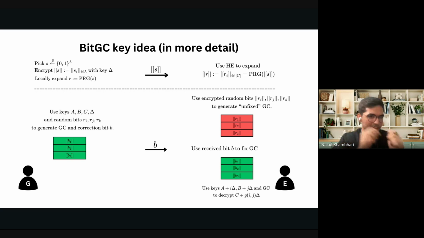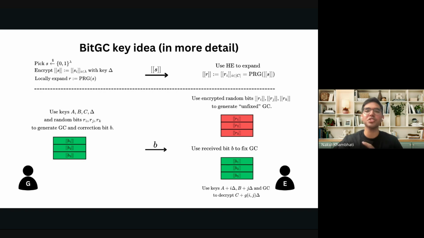These bits are known in the clear to the garbler, and known in encrypted form to the evaluator, but they're random bits. So these random bits clearly can't constitute the GC because it can't be completely independent of the circuit. Yet, these random bits plus just one bit of information per gate from the garbler is enough to generate this GC of encrypted bits, which can then be used by the evaluator to use input keys and decrypt the output key.